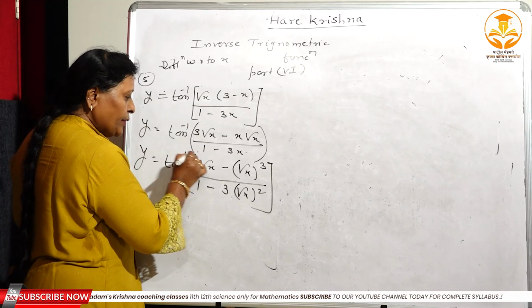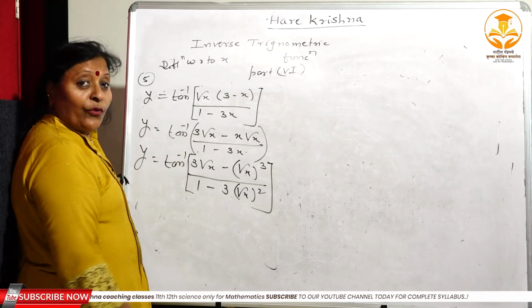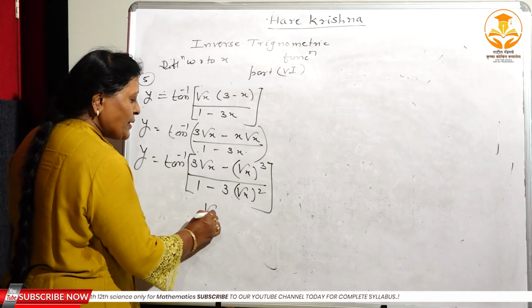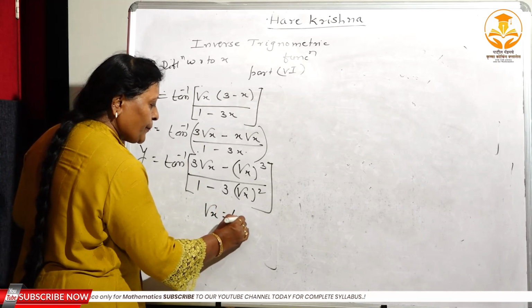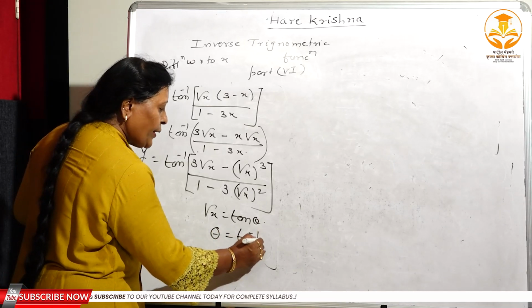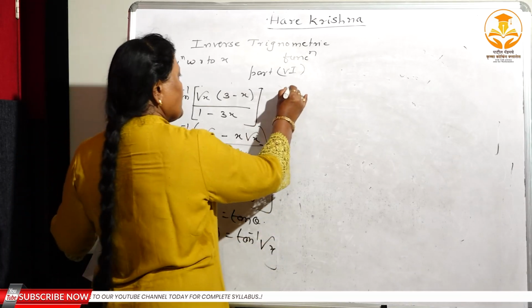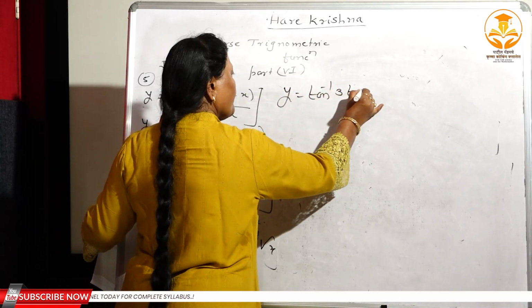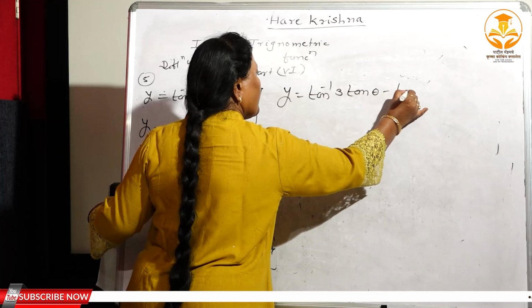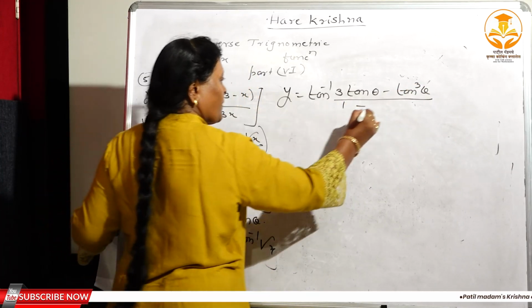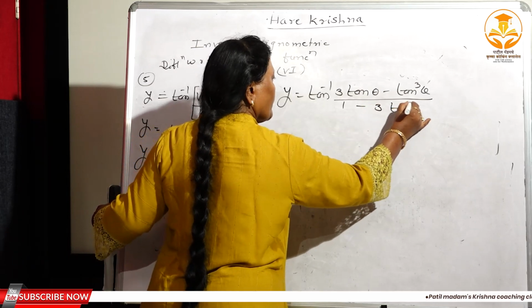We have done this problem already in the triple angle formulas. Again what can you substitute? Root x is equal to tan theta, right? Therefore theta is equal to tan inverse of root x. Here y is equal to tan inverse of (3 tan theta minus tan cube theta) divided by (1 minus 3 tan square theta), right?